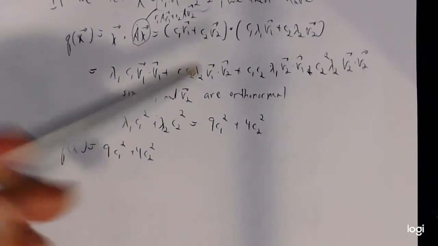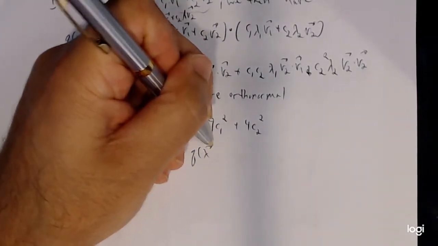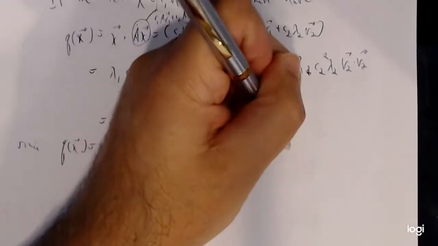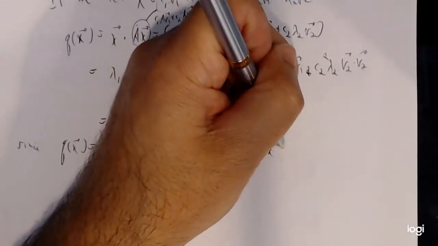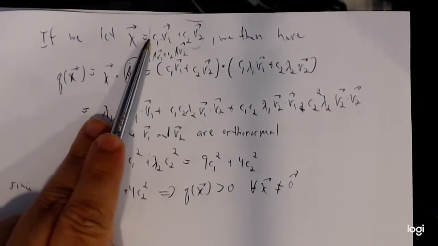But more importantly, who cares what c sub 1 and c sub 2 are? These are any scalars, but when you square them, what do we notice? They'll always be positive. So what does this imply? Q of x is always greater than 0 for all x that does not equal the 0 vector. Because if x is the 0 vector, then c sub 1 and c sub 2 will be forced to zero out, since the only solution is the trivial solution.